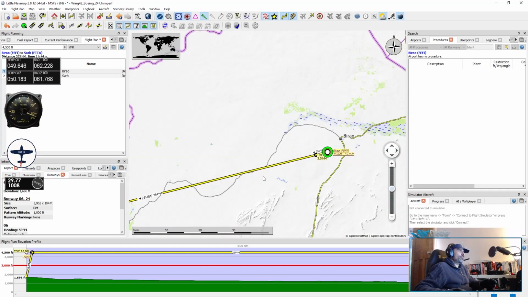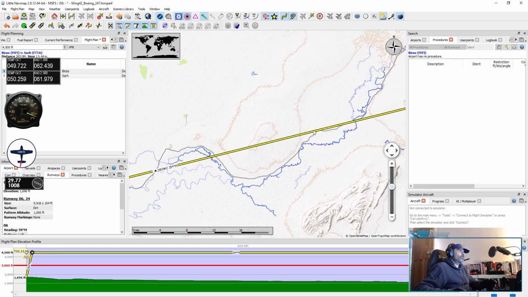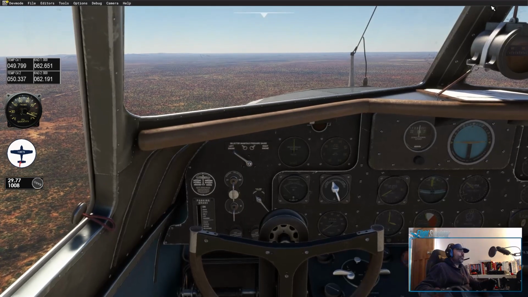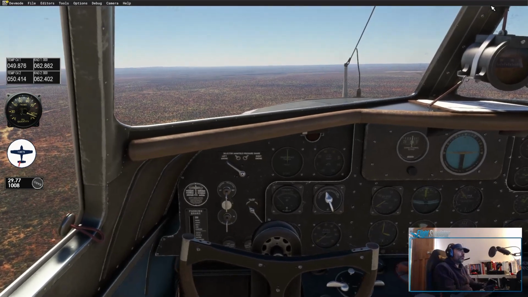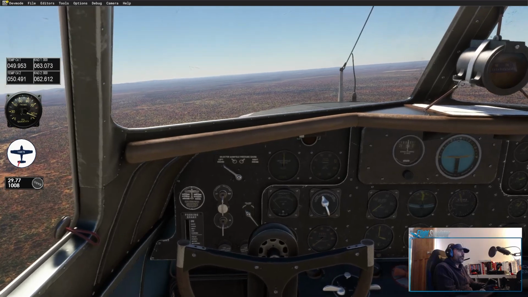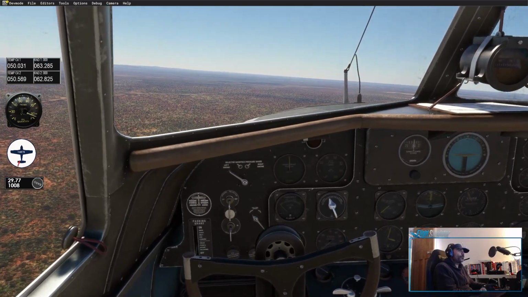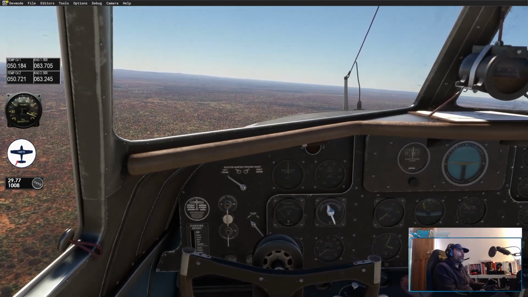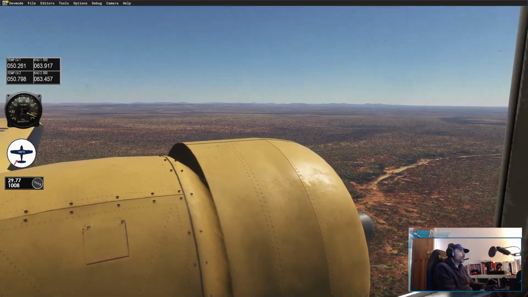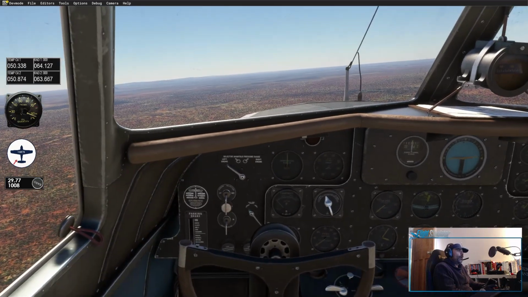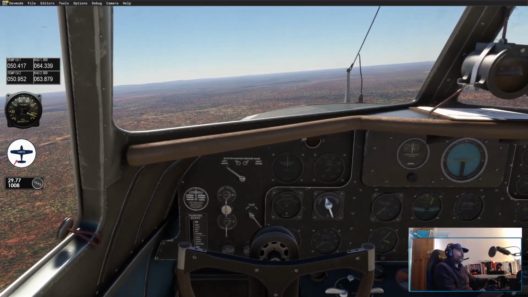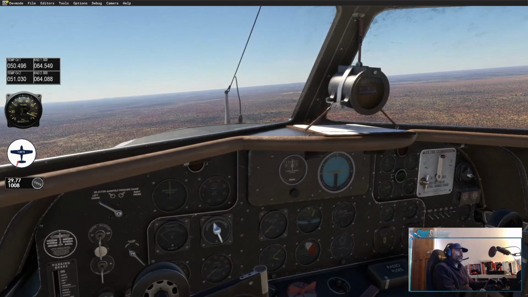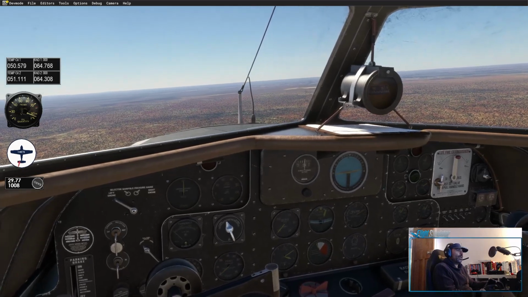So we're going to cross a river. 254 is the climb more.